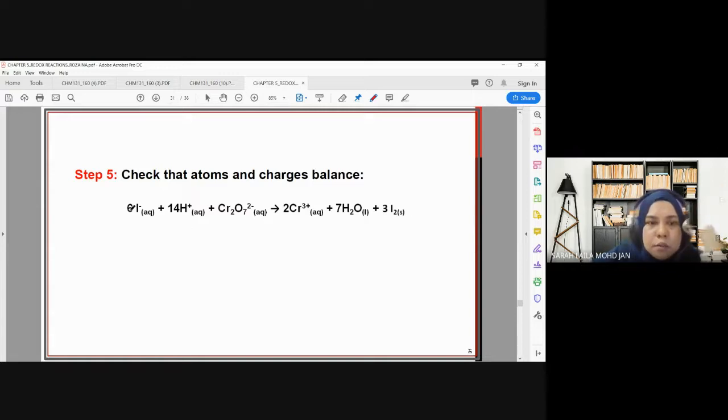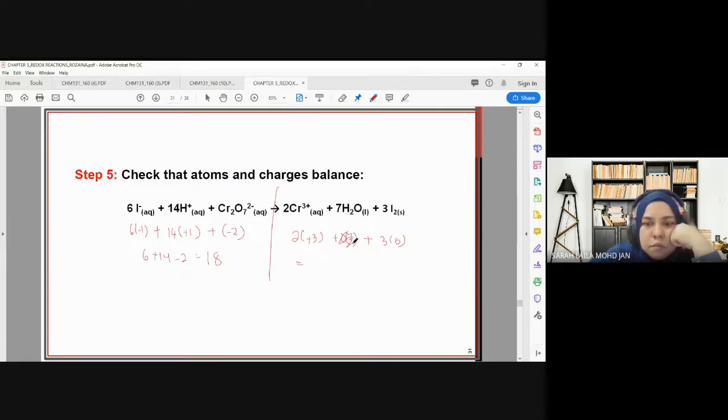Okay. So 6 darab -1. This is how I balance the charge. Calculate the charge. Plus 14 darab +1 plus -2. So 6 plus 14 minus 2, 12, 18 lah. Okay, tak percaya tekan calculator. Right, the next one is 2 darab 3 tambah 0. 7 darab 0. 7 darab 0 tambah 3 darab 0.